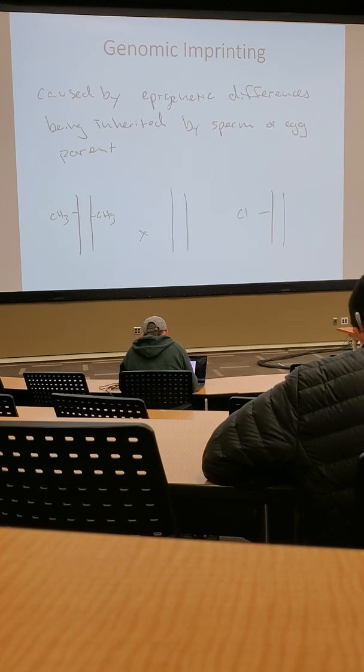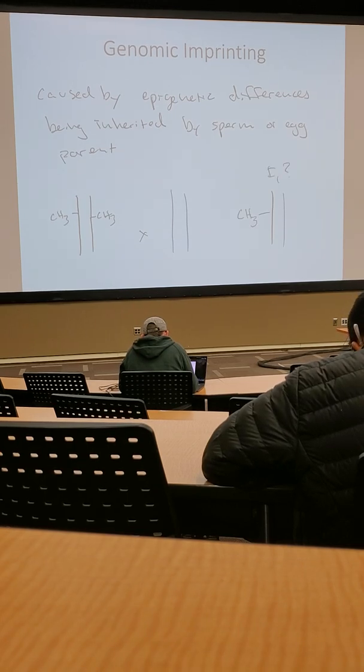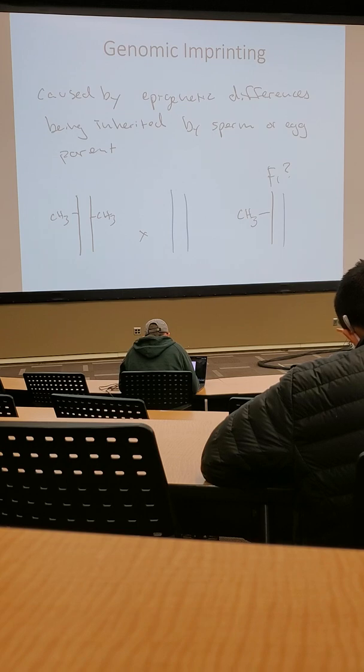What's going to happen in this F1? Is it going to inherit the methylation mark? Is the methylation mark going to be taken off? Well, it depends on the parent that it inherited the allele from. So that's what we want to think about for this next slide.